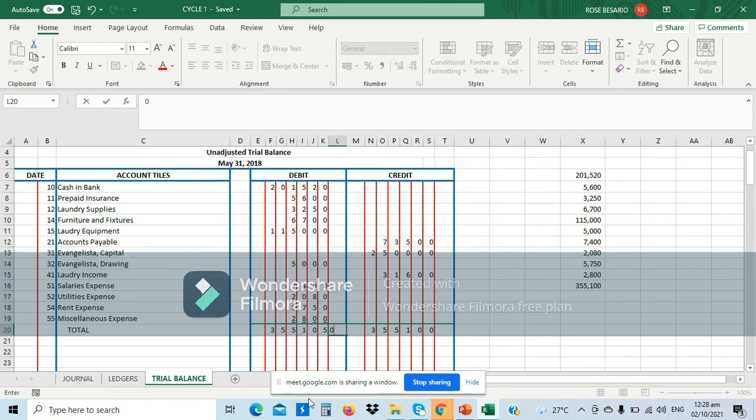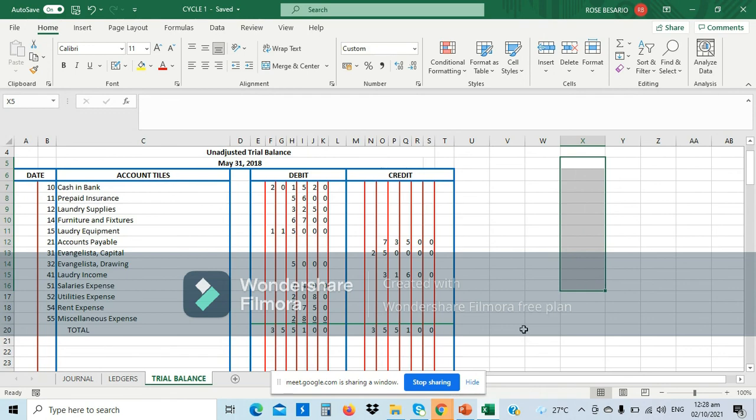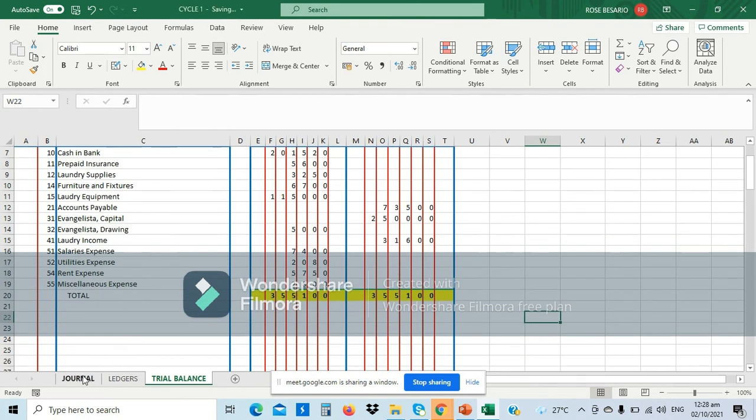Okay. So we have an equal amount. We get the balancing amount, meaning we were able to make our journal entries right, and then our posting. Be happy if we're able to get the balancing amount.